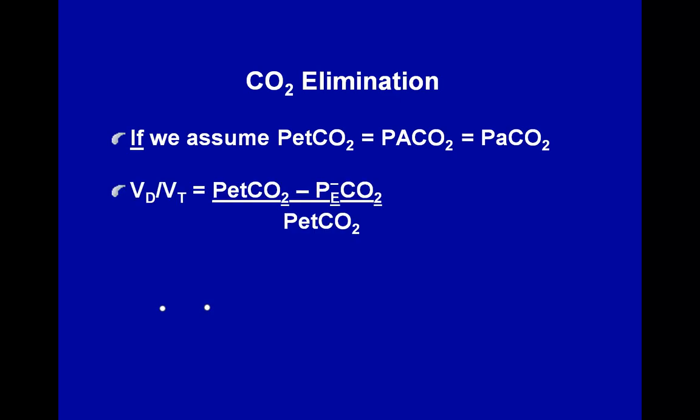Now, I said that if we're studying normal people, we're probably not going to order a blood gas. We're not going to put an arterial catheter in these people. So if we want to get a handle on CO2, we've got to look at exhaled gases. And we talked before about capnometry, that we can measure exhaled CO2.